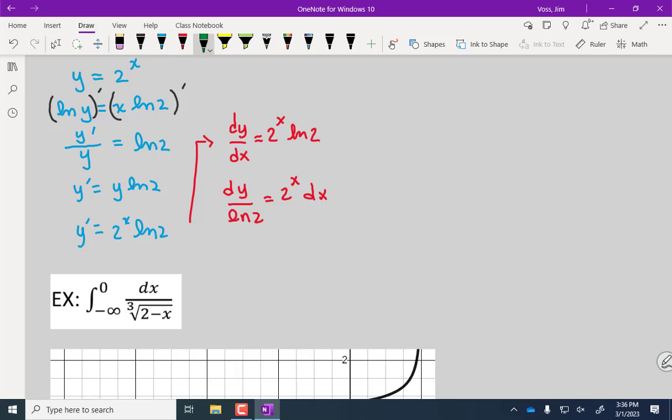And what you can do is integrate one side with respect to y and one side with respect to x. And so the integral of 2 to the x is going to be equal to, over here, the integral of dy, which is just y. So we're going to get y over natural log of 2 equals the integral of 2 to the x.